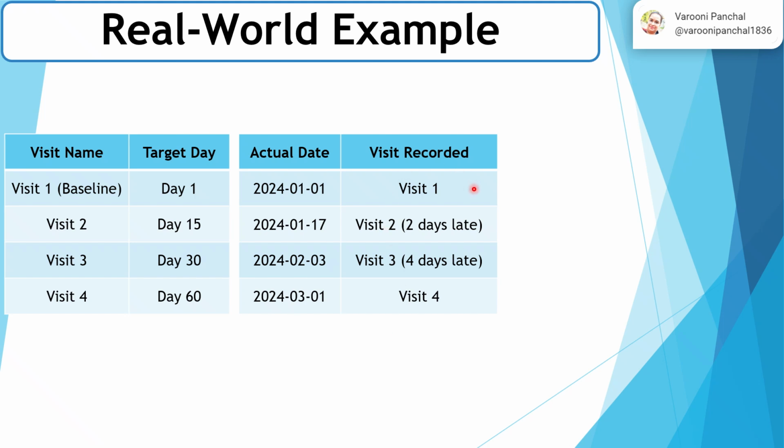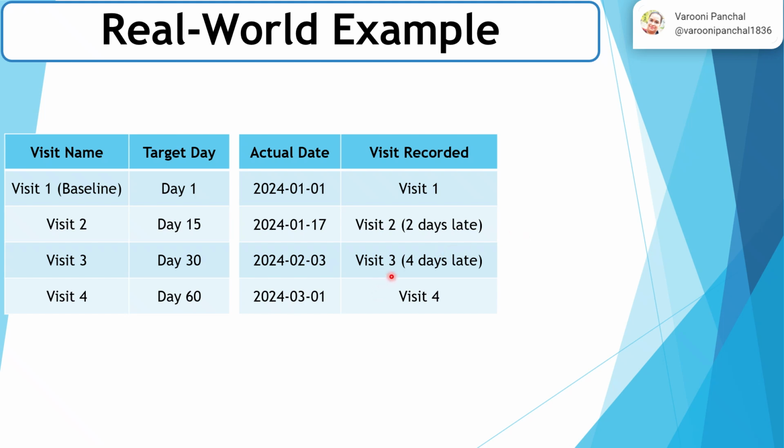Say for example, visit 1 was recorded on 1st of January 2024. Then visit 2 occurred 2 days late. Visit 2 was supposed to occur around 15th of Jan 2024, but it was recorded on 17th of Jan, that is 2 days late.